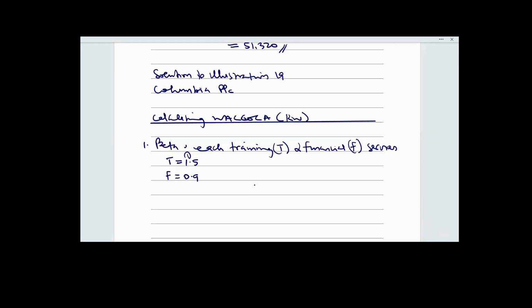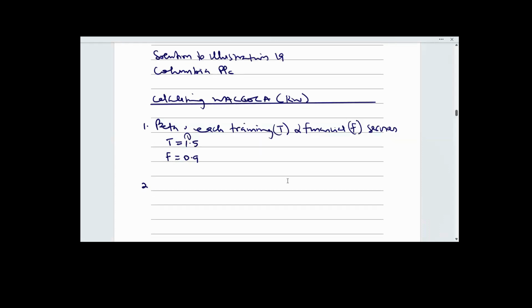Step 2 says we should ungear if the beta in step 1 is geared. I will go back to the question to identify whether these betas of 1.5 and 0.9 are geared. I told you that the beta will be geared if the company has debt in its capital structure.